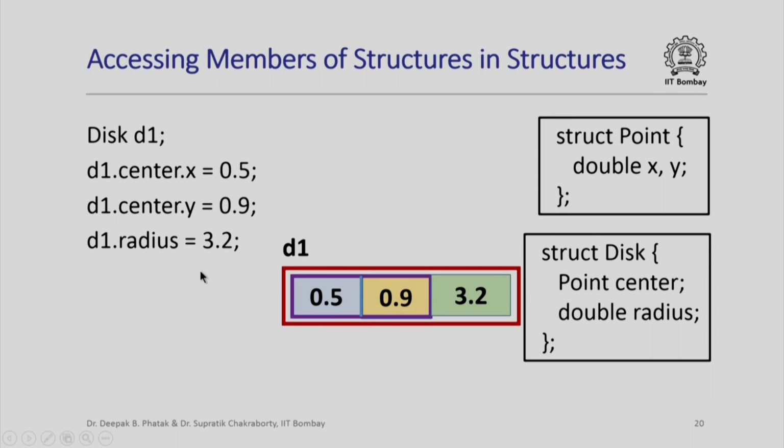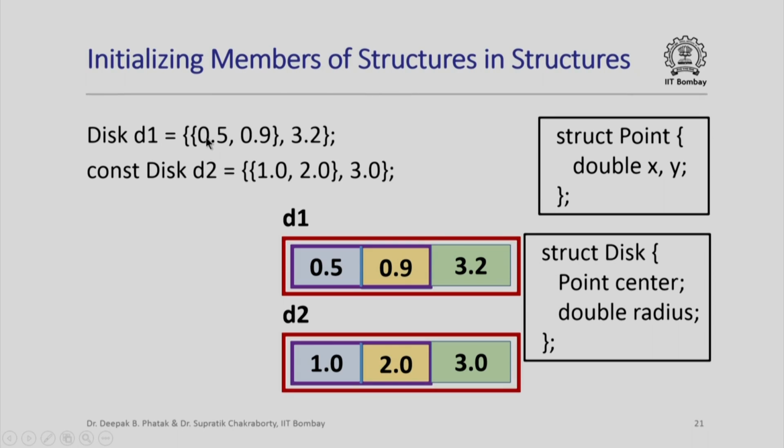So, here is one way by which we can initialize the various members of structures in structures in a C++ program. Here is another way by which the initialization can be effected. Here I am saying d1 is an object of type disk and it is assigned this initial value. How do I read off this initial value?